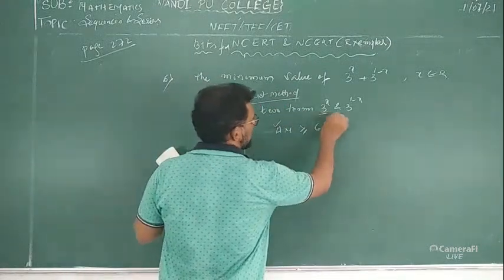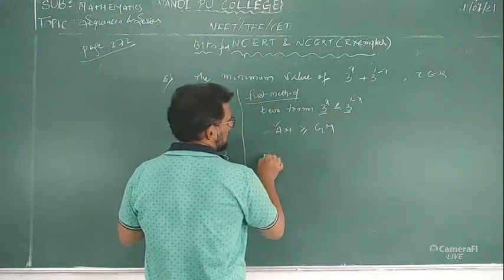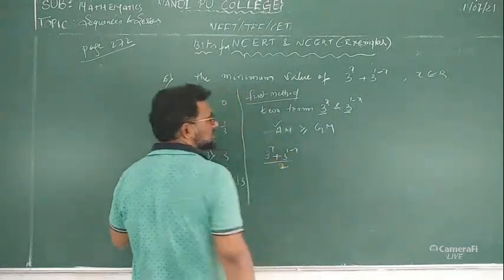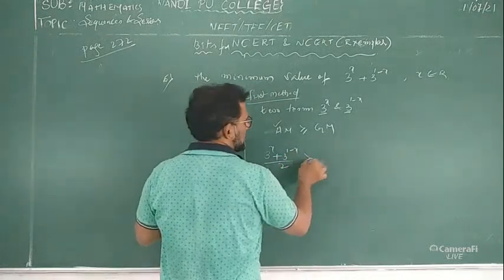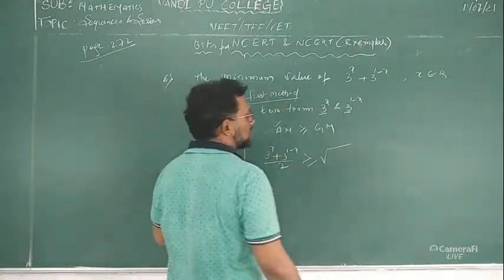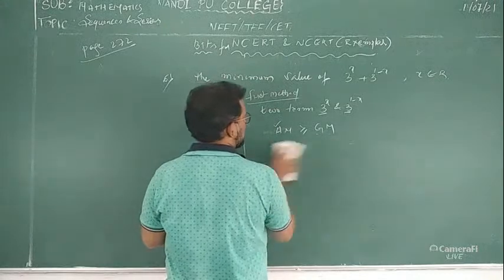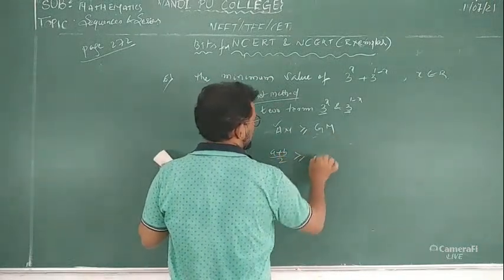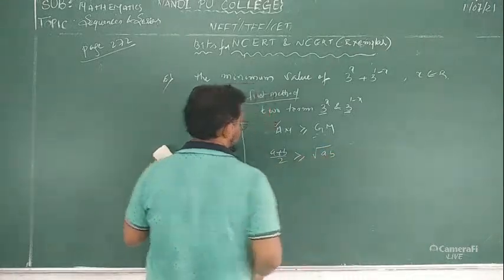So what is the arithmetic mean of these two? 3 power x plus 3 power 1 minus x by 2. A plus b by 2 is the arithmetic mean, and root of ab is the geometric mean. Here let me write the formula first so you can understand better. A plus b by 2 is greater than or equal to root of ab.